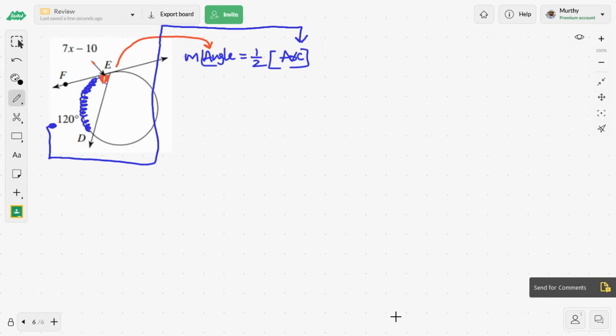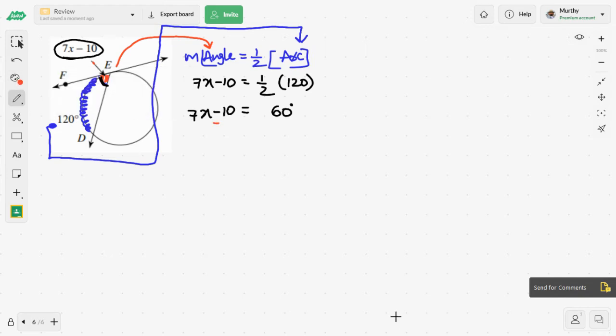So measure of angle, what is given, you see that it is given as 7x minus 10. So 7x minus 10 equals half of the measure of the arc, which is given as 120. So half of 120 gives you 60. And here onwards again, a simple algebra.